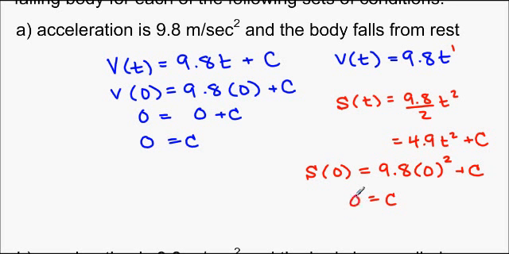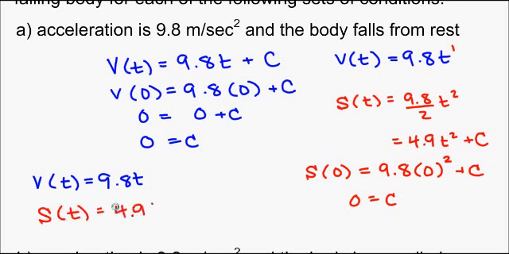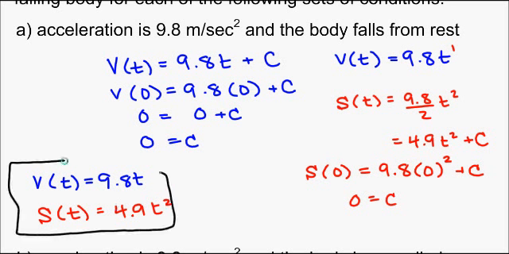And again, we have c equals 0. Okay, so our velocity function was 9.8 t, and our position function, s of t, is 4.9 t squared. So pretty easy when you're starting from rest at time equals 0.